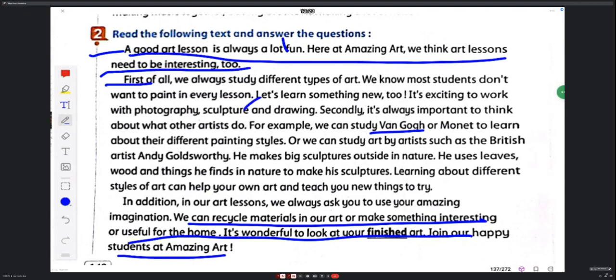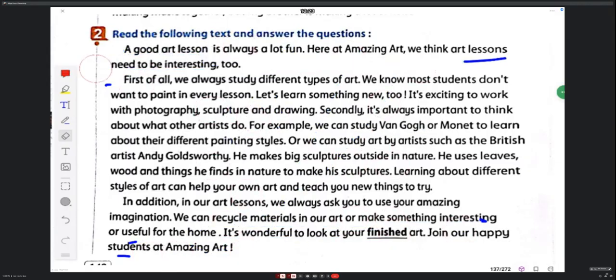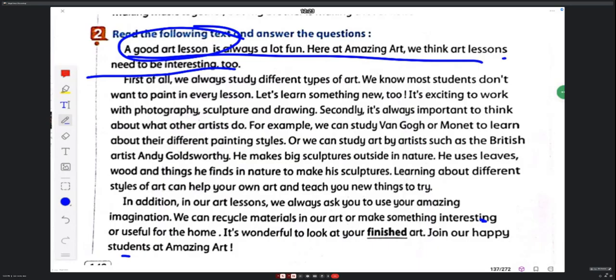Mostly, 90% of the time, we can read the first and last two sentences, but sometimes we have to read the whole text to get the main idea. Sometimes it's 10% of the text. Okay, 90% of the time we can read the first line and we get the main idea. A good art lesson is the main idea because it is the topic sentence.